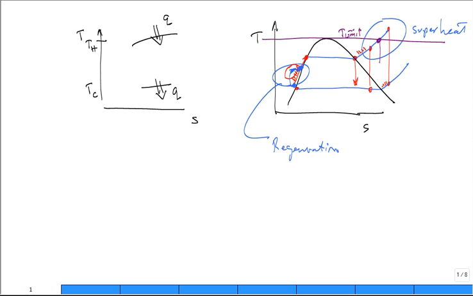So you'll have another pressure line like this. You'll expand it down, then reheat it, and then expand it. So you're bringing in more heat at a relatively high temperature by reheating. So superheat, reheat, and regeneration are three strategies to improve the thermal performance.